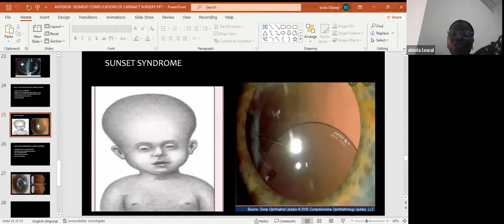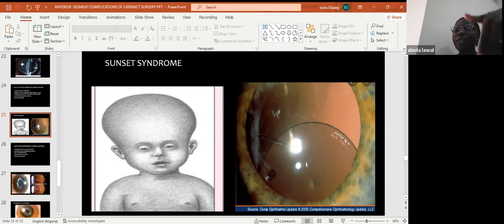So sunset syndrome occurs with intraocular lens placement, usually in the sulcus. That's when you have this kind of condition occurring, and there's inferior subluxation.